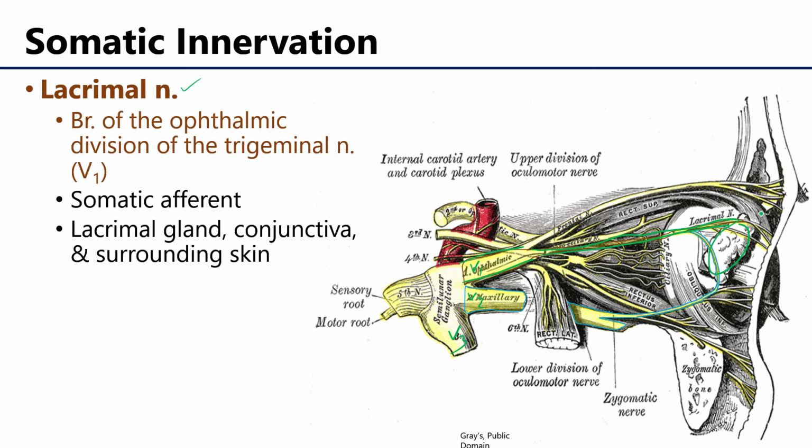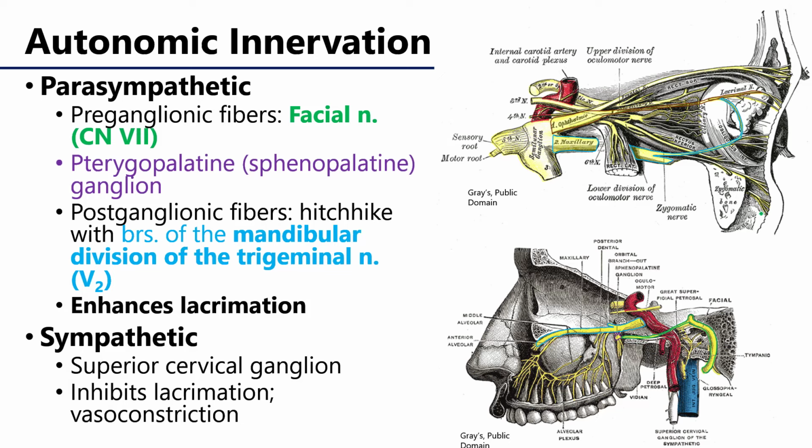So this is conducting somatic afferent fibers back from the gland, the conjunctiva, and the skin surrounding the gland. So this nerve isn't responsible for the secretion of lacrimal fluid. What is? Well, let's get to that.